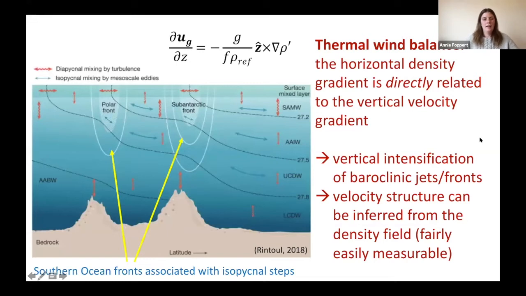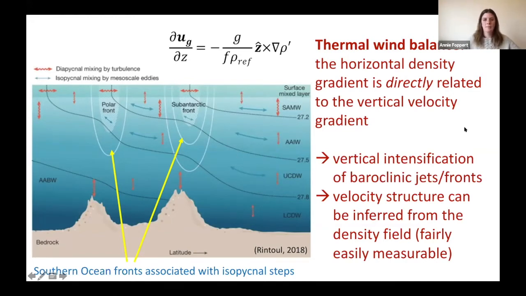Okay, and then just another example from the Southern Ocean here. This is just a schematic, a cartoon picture, but what you see is that these fronts or strong jets of the Southern Ocean are associated with these step changes in the density field.